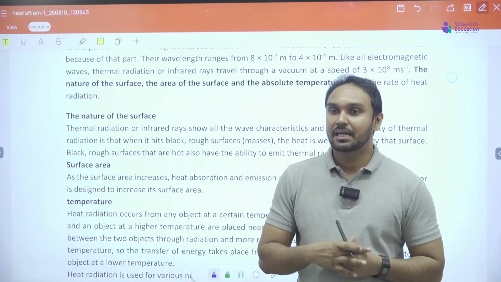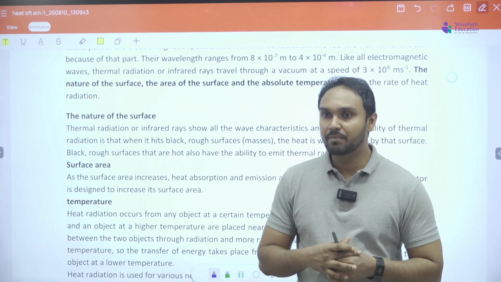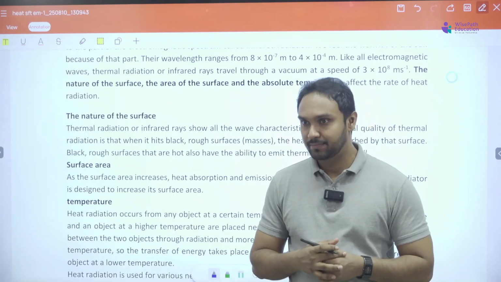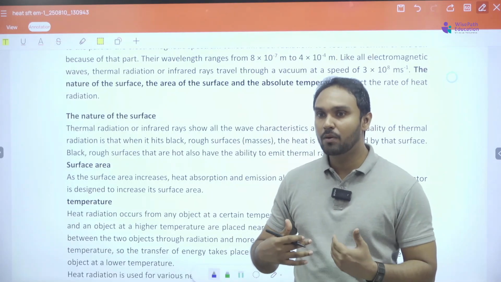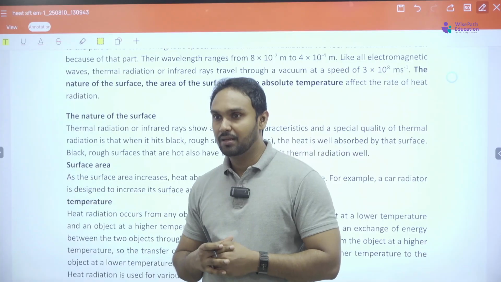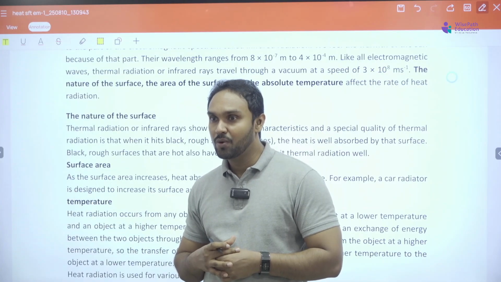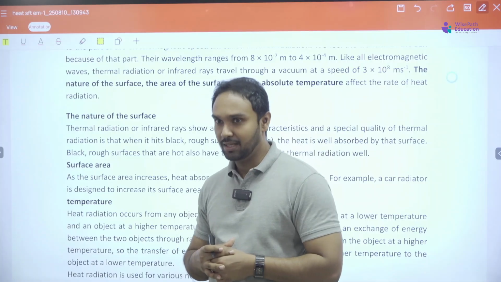And even the emission, same. If you are wearing black in the night, where you have more temperature than the surrounding, what happens? You feel more cold, isn't it?